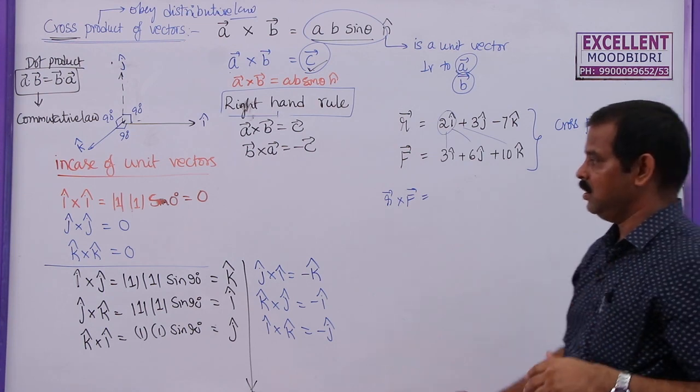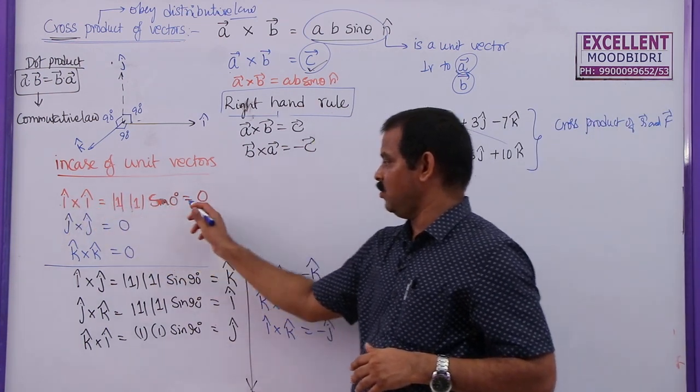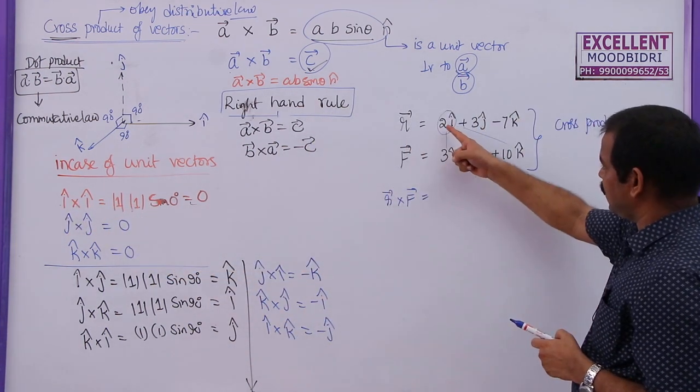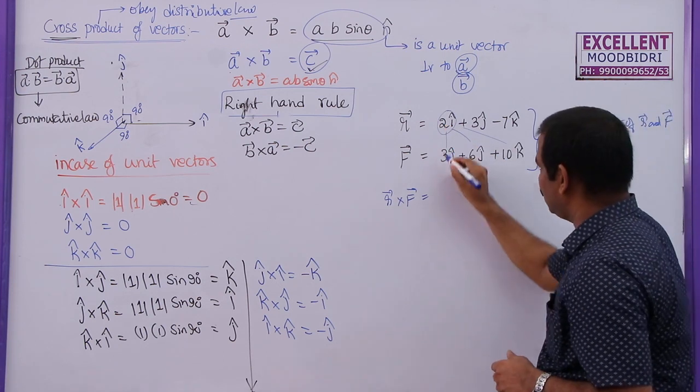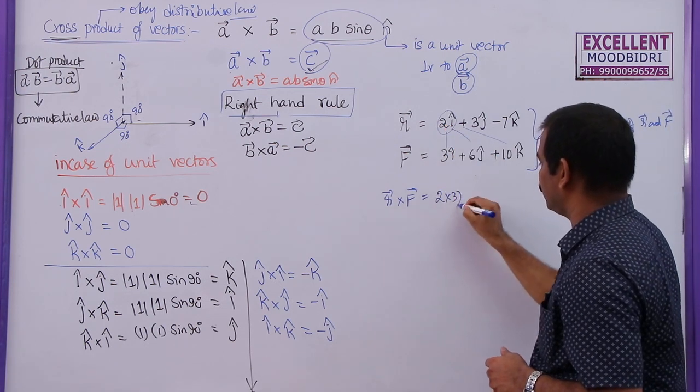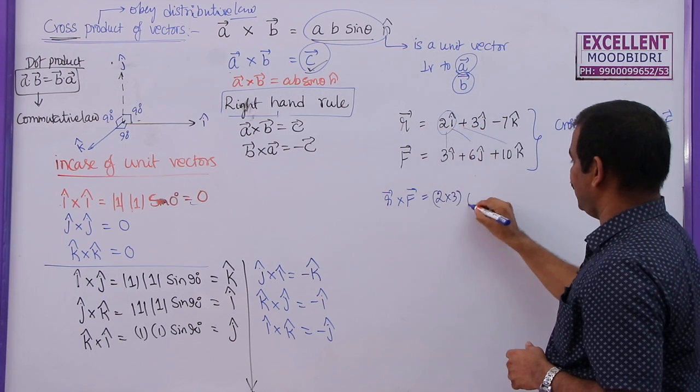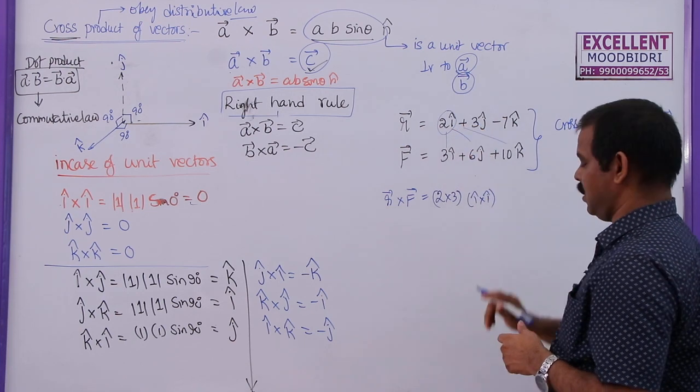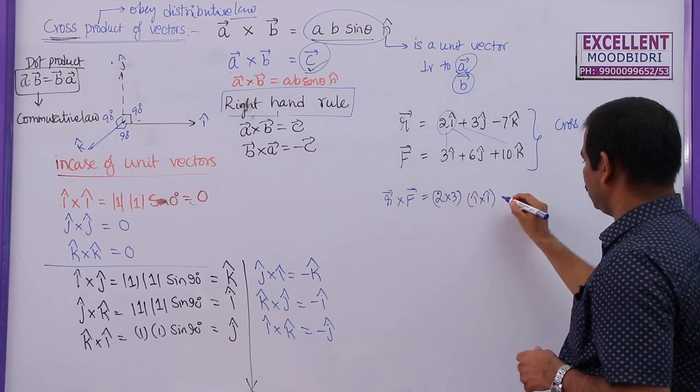But we know that if you multiply i and i, you will get 0 only. That means 2 into 3, i cross i, then 2 into 6.